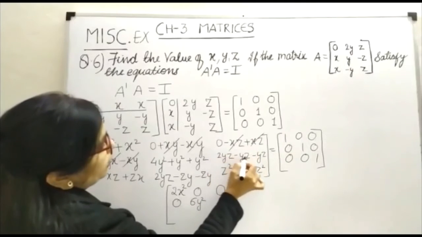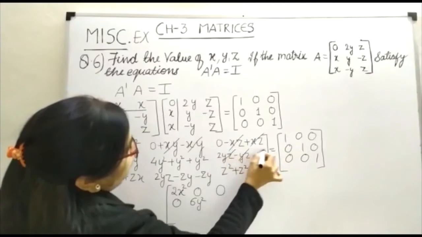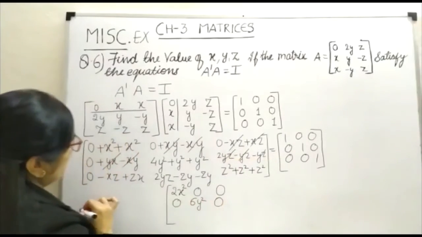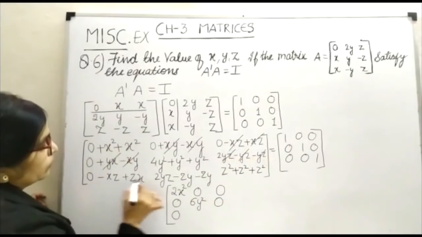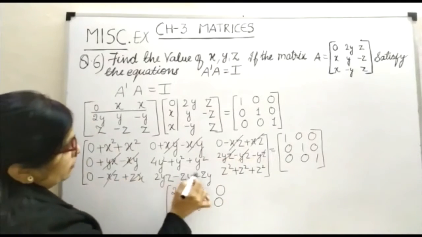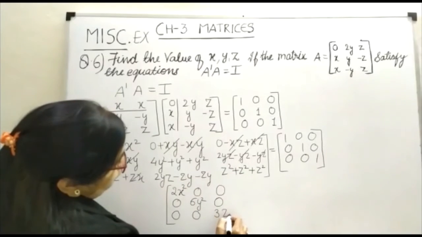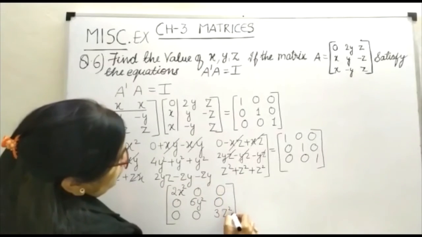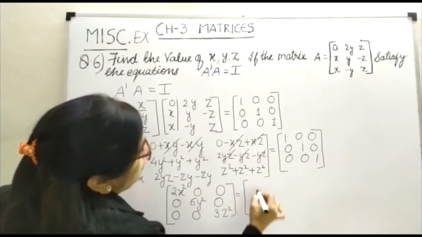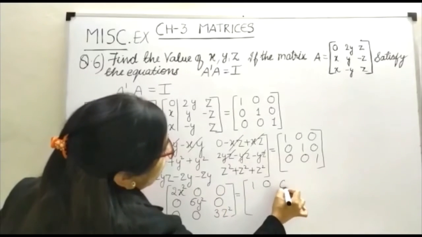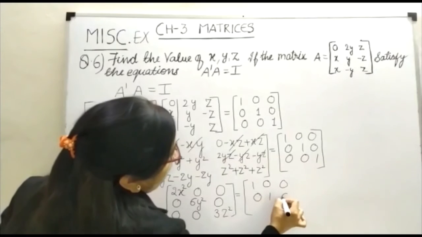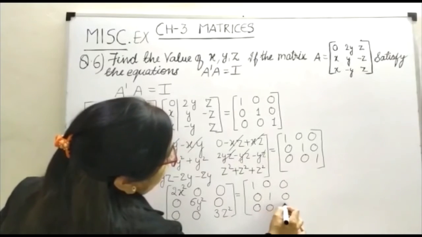Here it will be 2yz, again minus 2yz, so all the terms will be cancelled. We are here with 0, again here 0, these terms will be cancelled. The same is here, it will be 0, and this will be your 3z square, and this is equal to 1, 0, 0, 0, 1, 0, and 0, 0, 1.